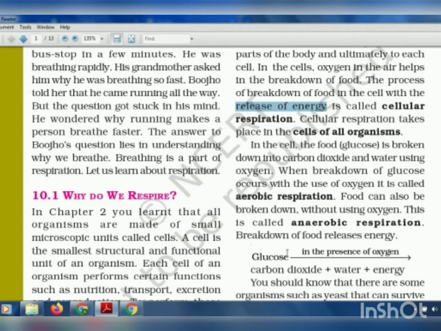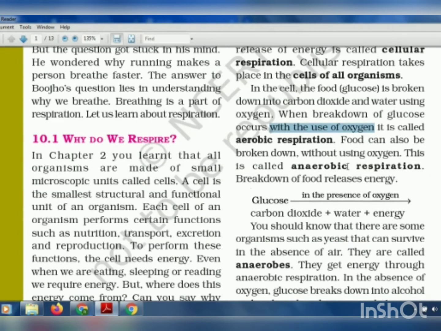In aerobic respiration, glucose is broken down with the use of oxygen, whereas in anaerobic respiration, food is broken down without using oxygen. In both, energy is released. In one, the food is broken down with oxygen, and in the other, without oxygen.